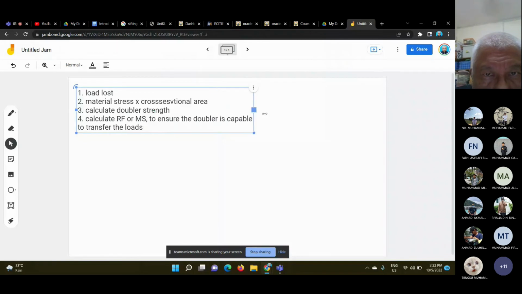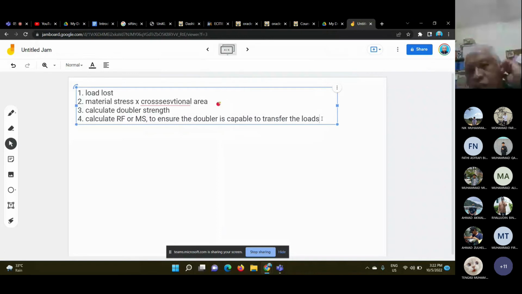So if it's less than 1, then something is wrong because the doubler has less strength and you're not able to cover the load slot that you have when you cut out the area. So that's why you calculate that.